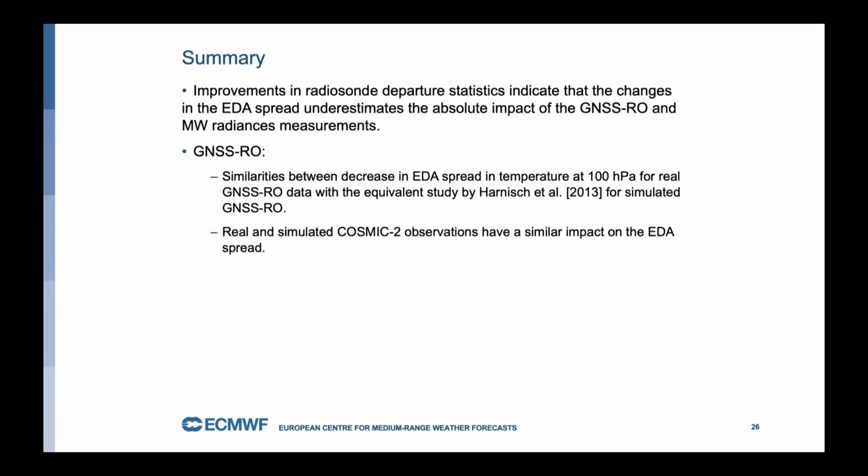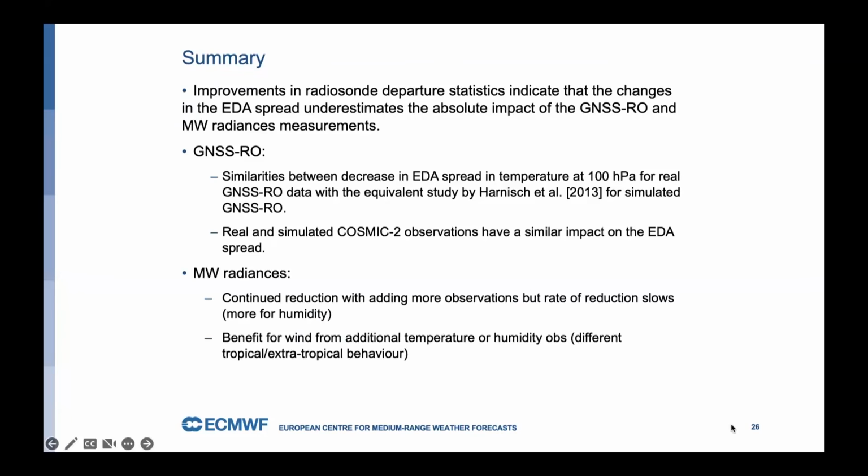But we also found in our study that the real and simulated Cosmic 2 observations show a similar impact on EDA spread, which is a very good signal that we can actually use the EDA spread as a measure to estimate the impact of real data.